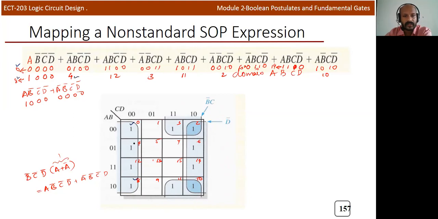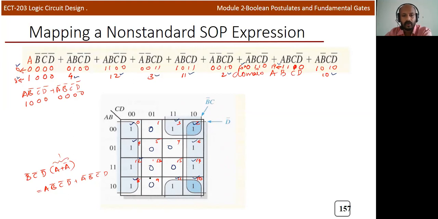Then 4 is here, and 12 is included. 3 we need to include, so 11 is marked here. Then 2 is already indicated, 6 is here, 14 is indicated, and 10 is marked. So all values are indicated, and the other values you can put as 0.